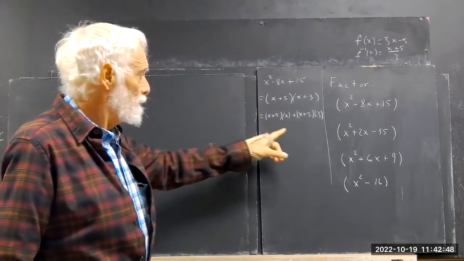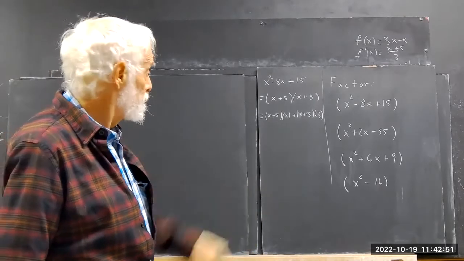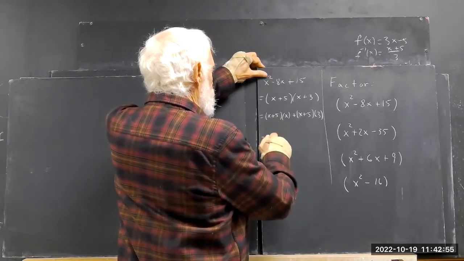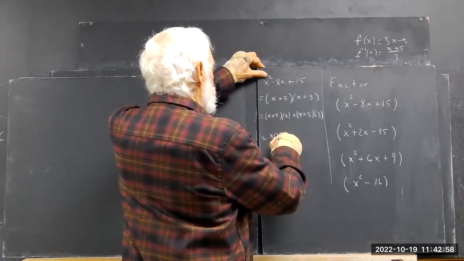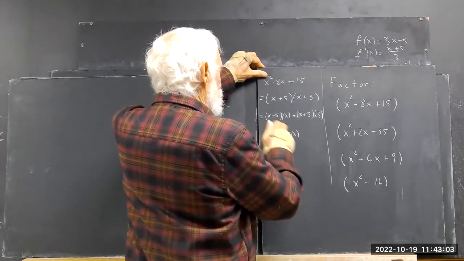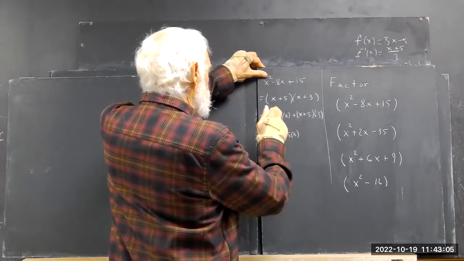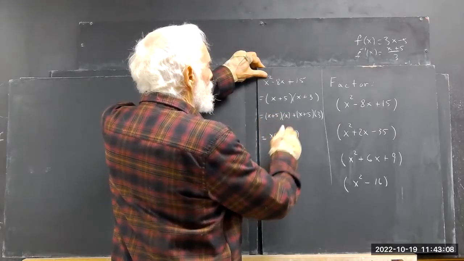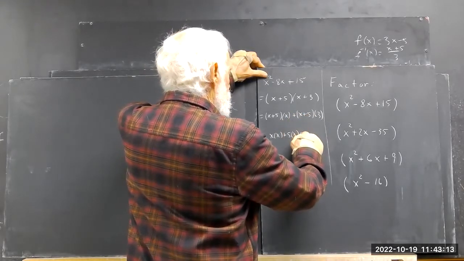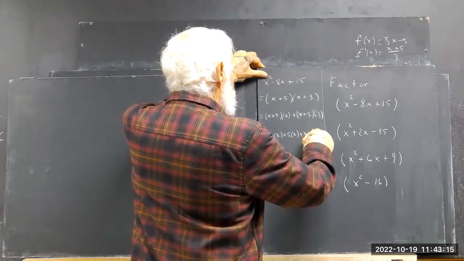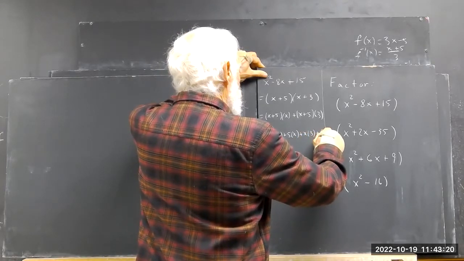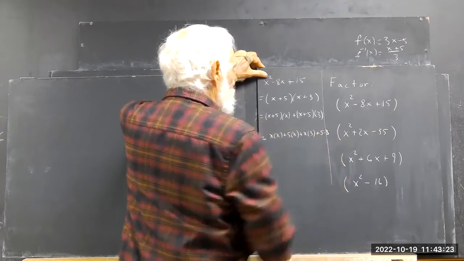Can you read that okay in the back? Okay. And then that's x times x plus 5 times x, that's x plus 5 times x, and then it's plus x plus 5 times 3. Well, x times 3 plus 5 times 3.